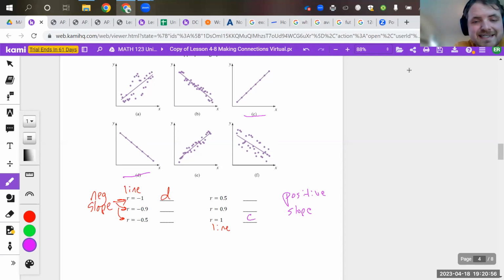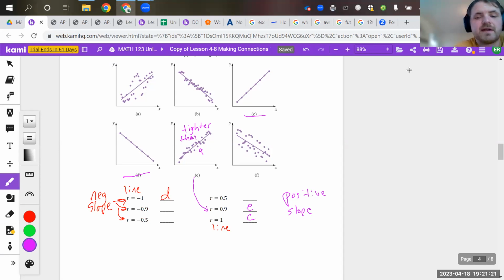But as you can see, this is tighter to the line. That's tighter than A. So if that one is tighter than A, that means it has a higher R value. It's closer to 1. So that means E will go with 0.9. Now, if you asked me, I wouldn't know that that's 0.9.